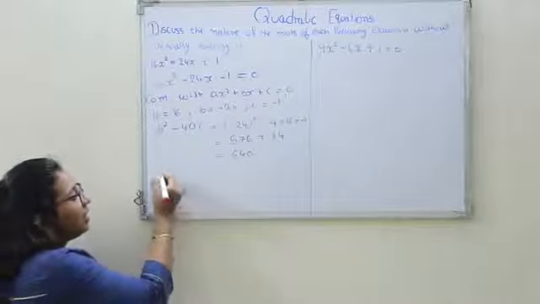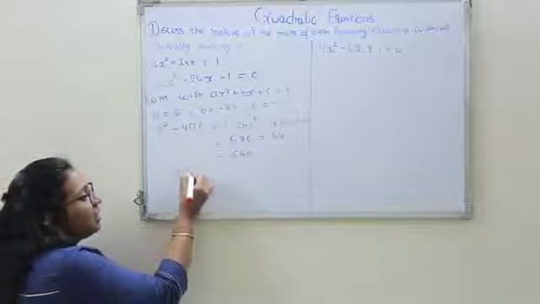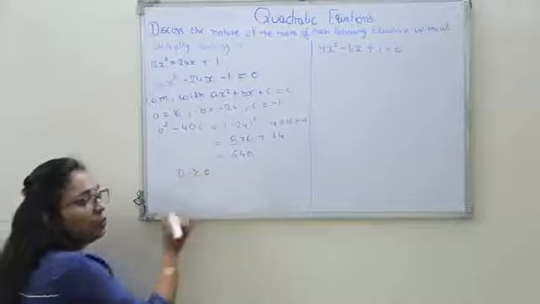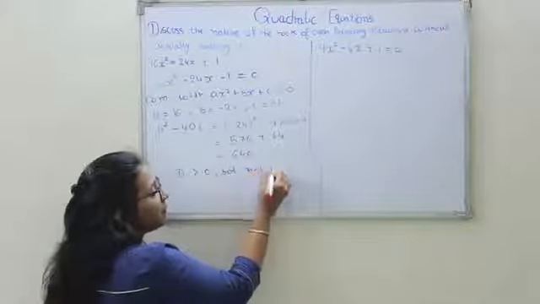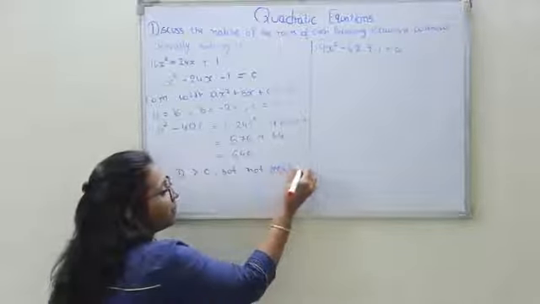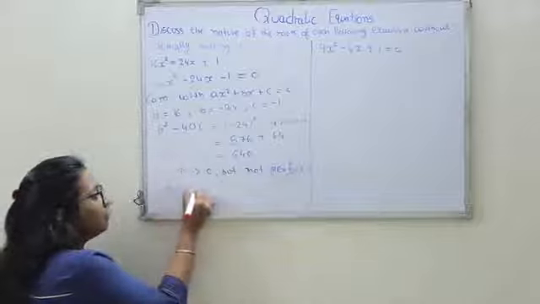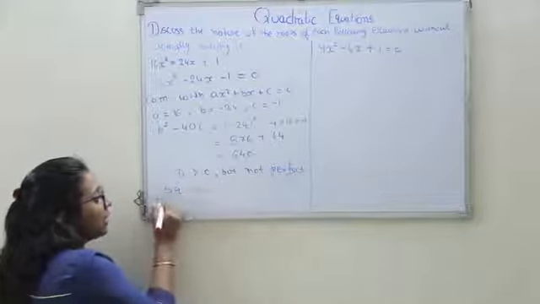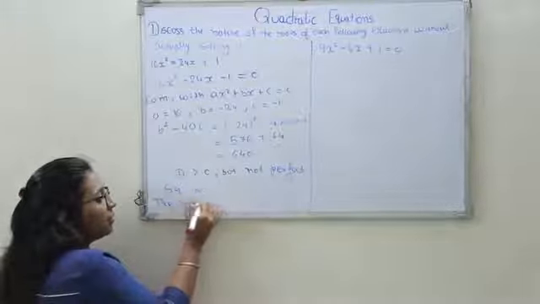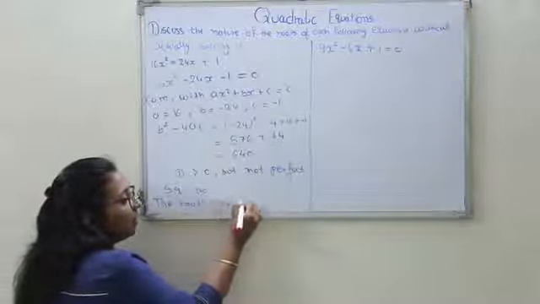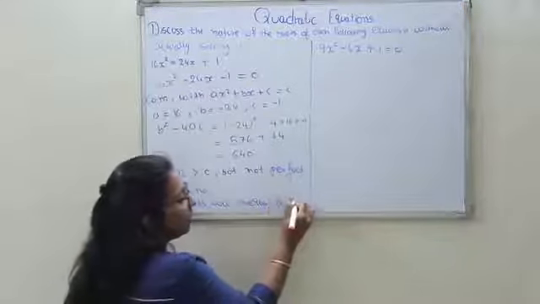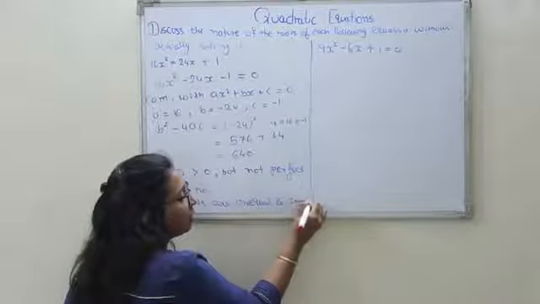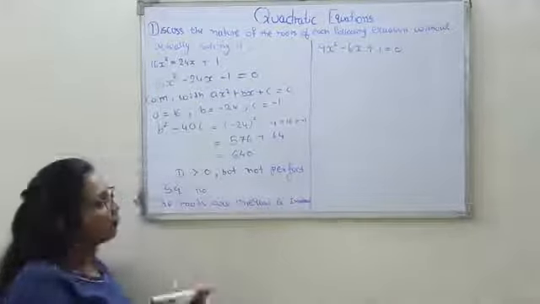So you will write that since delta is greater than 0, but not a perfect square number, the roots are unequal and irrational.